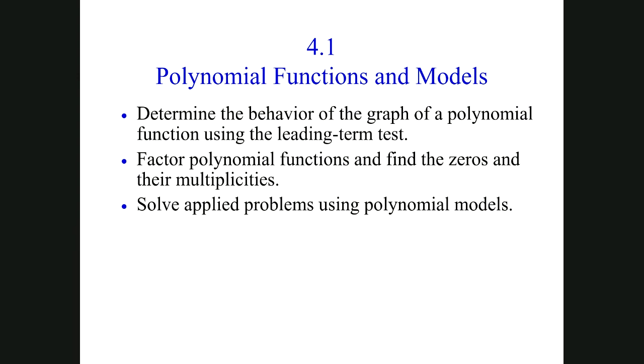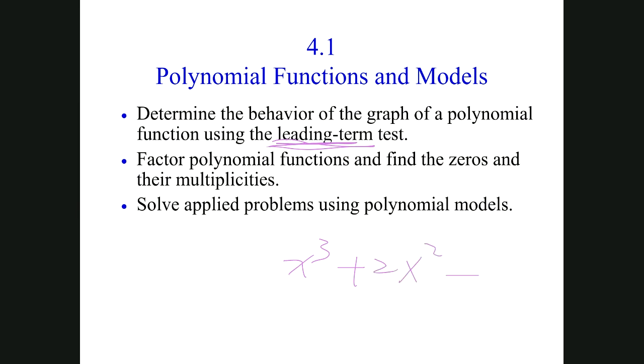One of the most important things that determines the graph is called the leading term. So what is the leading term? It's the highest degree term of the polynomial. So what is a polynomial? A polynomial is something like x cubed plus 2x squared plus 1.